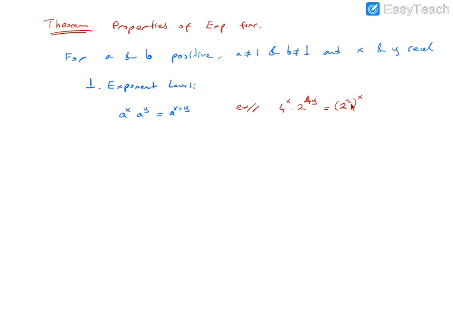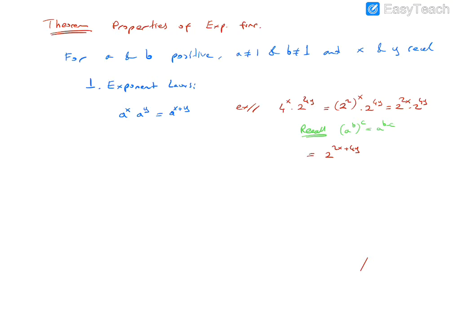Let's write it here as another recall: a to the power b to the power c equals a to the power b times c. So that will be 2 to the power 2x times 2 to the power 4y. As a result, this equals 2 to the power 2x plus 4y, as a summation you can write.